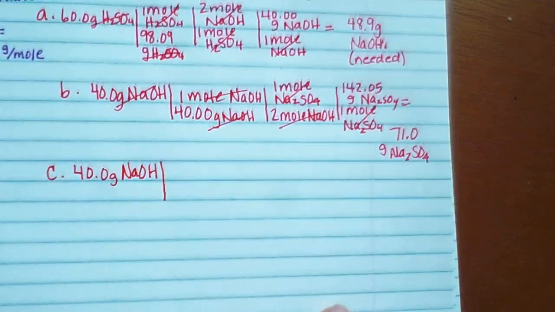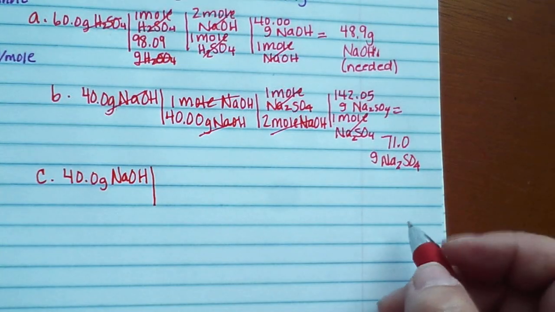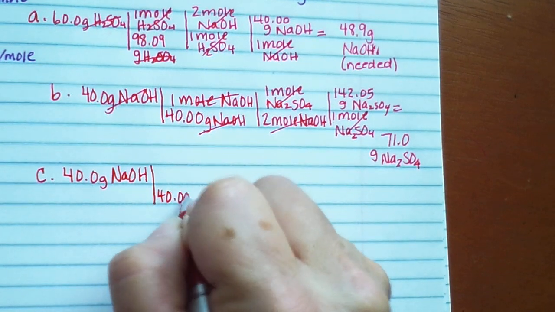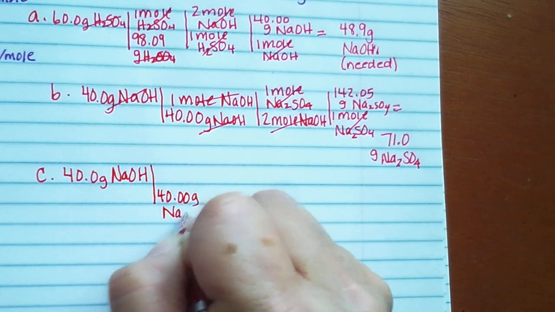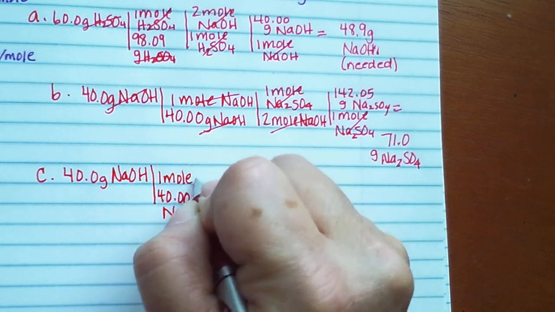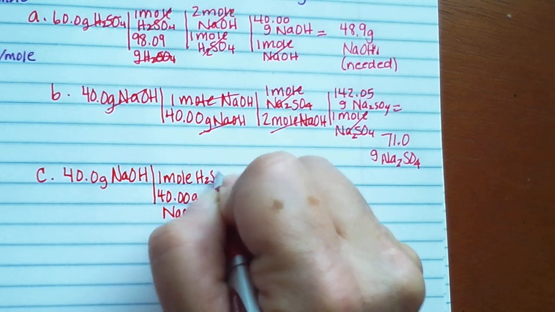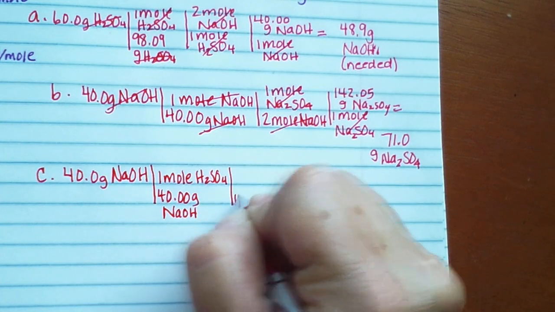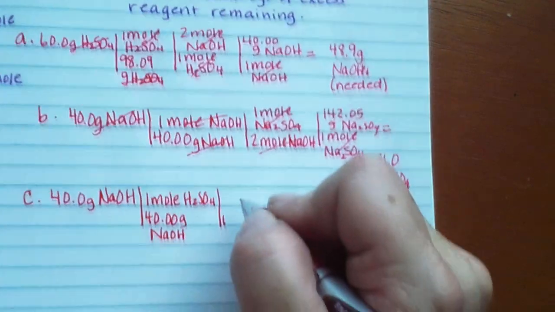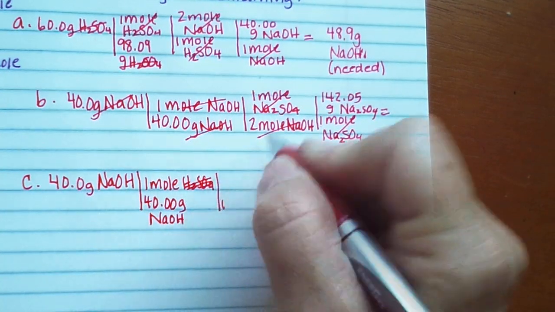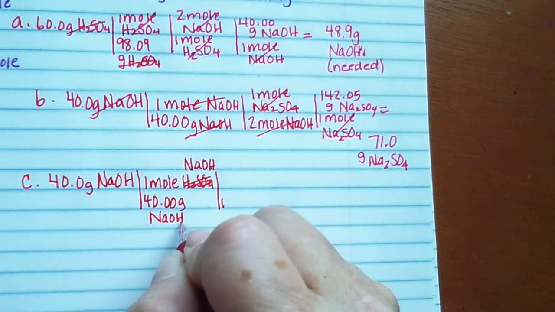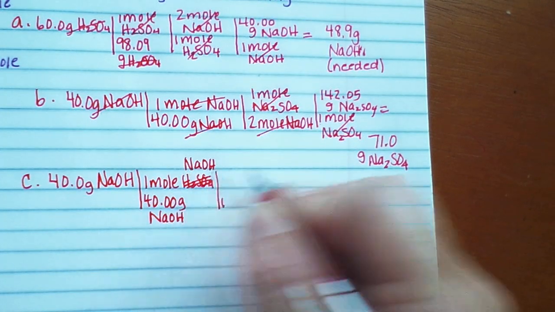So I'm going to head over to the sulfuric acid. So 40 grams. Oh, nope, wrong. Sodium hydroxide goes here, right? Because it's 40 grams to 1 mole of sodium hydroxide.